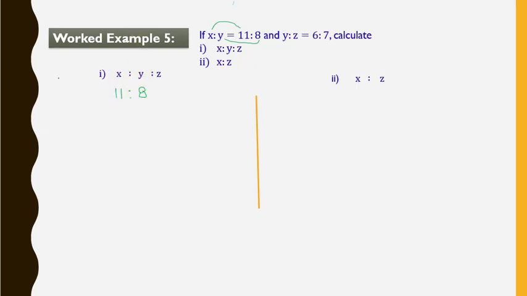Now if you look at the next one, it is y is to z, right? And y is 6. So I will write the other value of y, 6, just below this 8. So 6 will be here and z is, as you can see, 7. So I will write 7 over here.